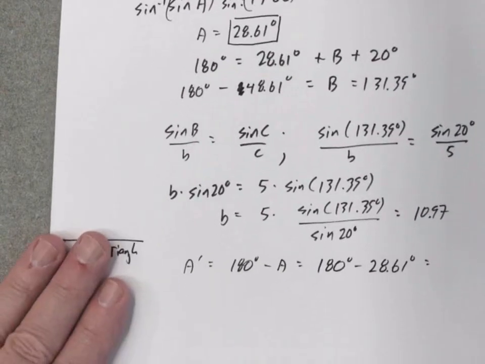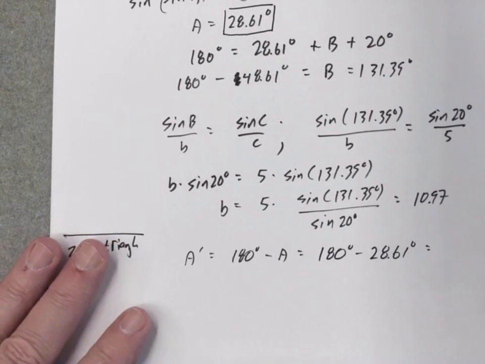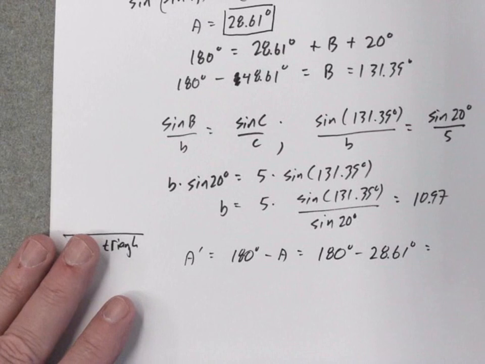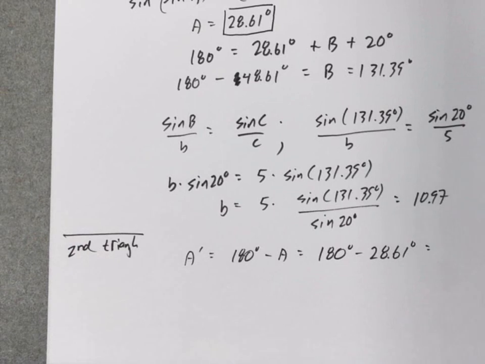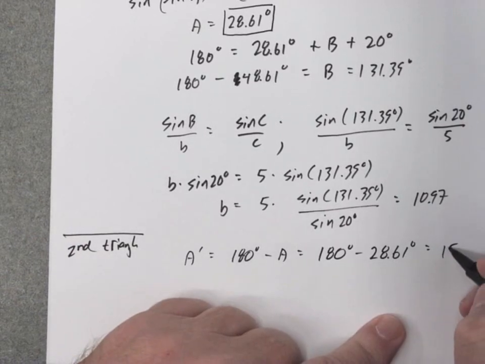So if I grab my calculator, 180 minus 28.61, 151.39.